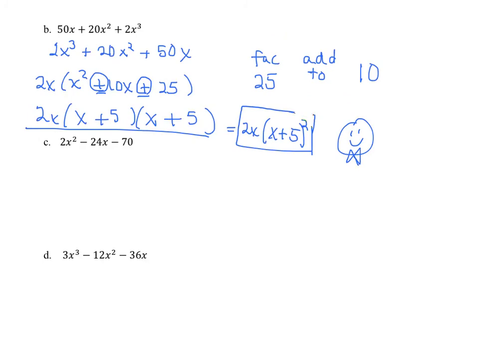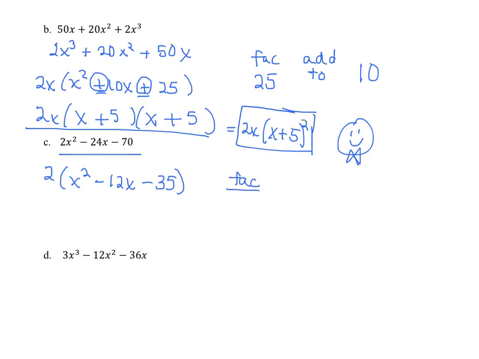Next, I'm psyched because this guy is already in descending degree order. I'm going to factor out the common factor of 2. There's nothing else in common. I'm left with x squared, take away 12x, take away 35. So I need the factors.